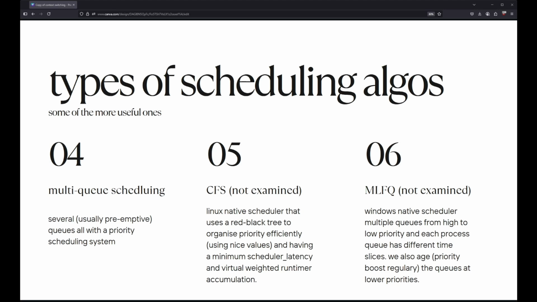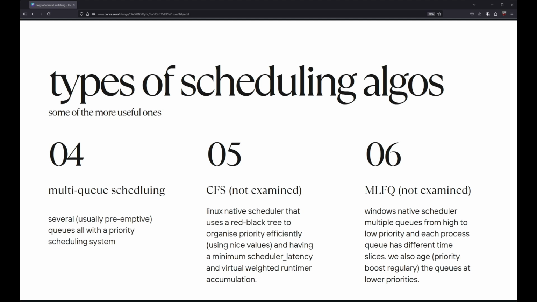And like I say, when you enter the process into the queue, it'll be at the top and it'll go down consistently. But then you might be thinking, if we're going to prioritize a lot of the top ones, what's going to happen to the bottom ones, right? Now, here is when we use aging or priority boosting. So we will regularly or frequently boost the priority of the processes that are lower down within the queue.